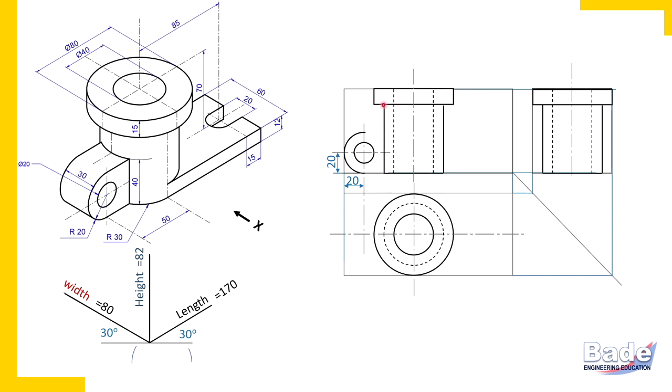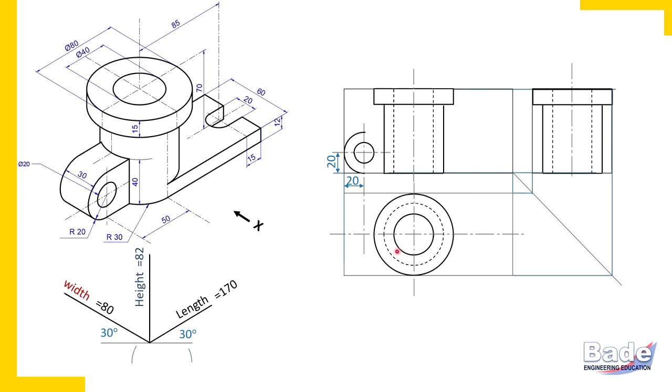Its curved nature doesn't appear in the front view, it appears in the top view. So on this curved surface, where exactly this U-shaped block meets, you will be able to identify from the top view only, because in the top view the curved nature of the surface is apparent.